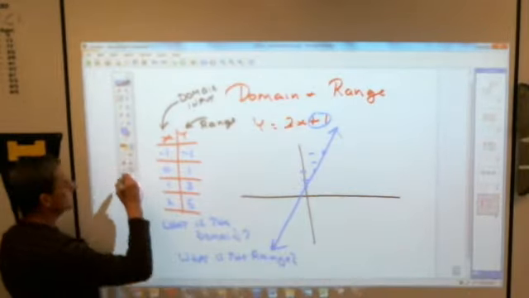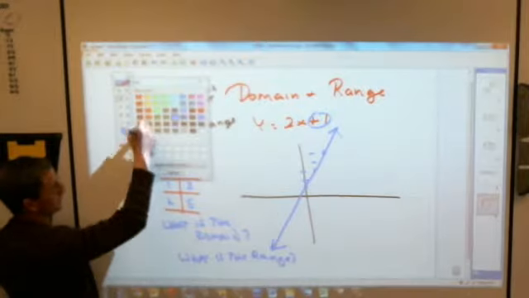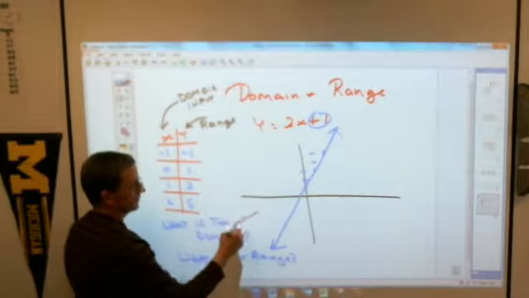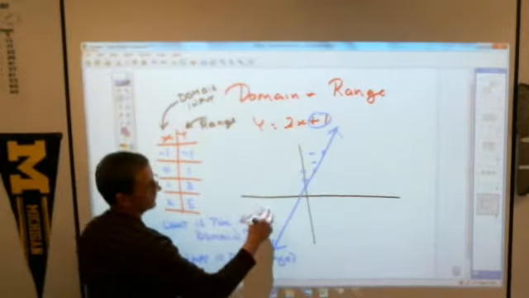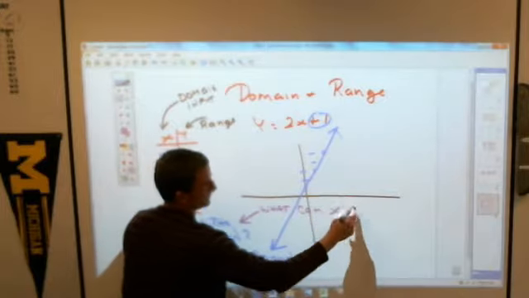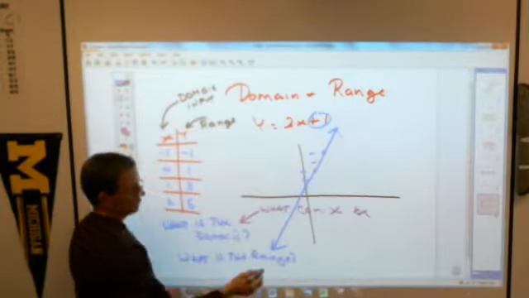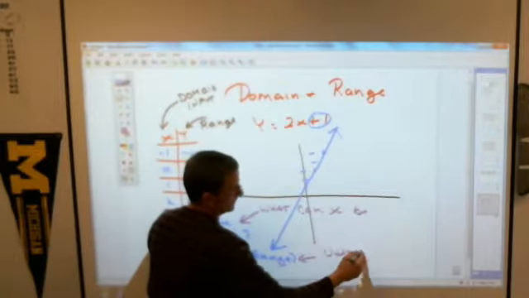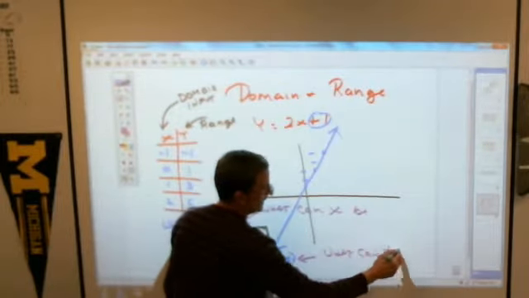And when they're asking you that question, they are asking you, the domain is what can x be, and the range is what can y be.